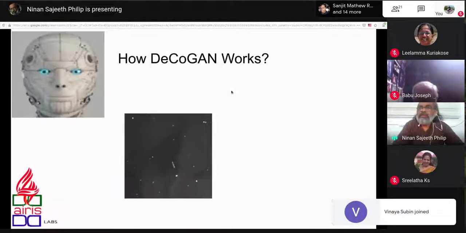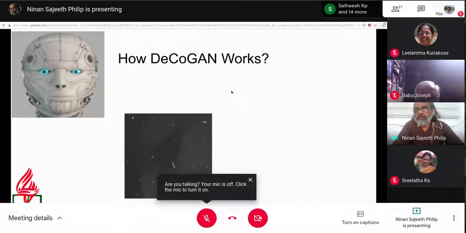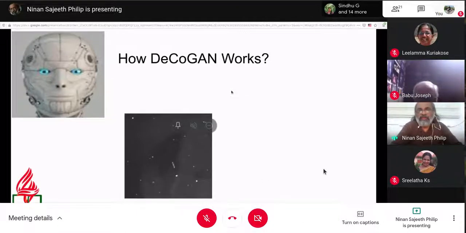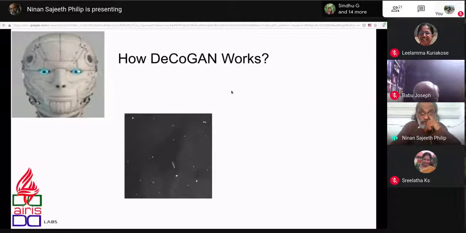Now, once I have trained my discriminator to distinguish these two, there are standard methods for doing that. Once the discriminator can separate the objects into groups of ground-based images and satellite-based images, I am ready to teach my generator how to work.